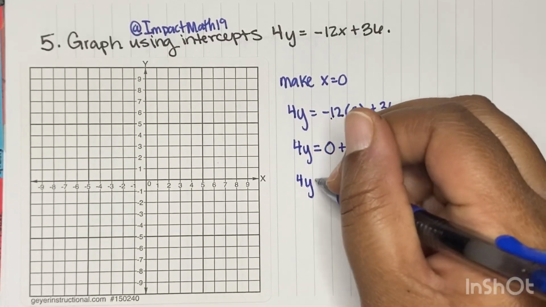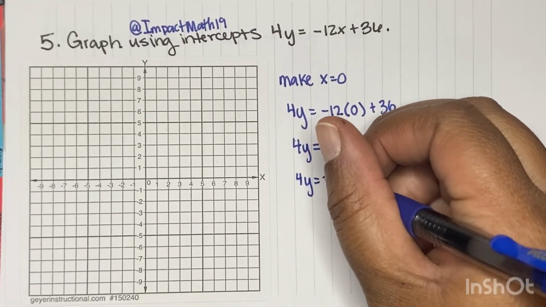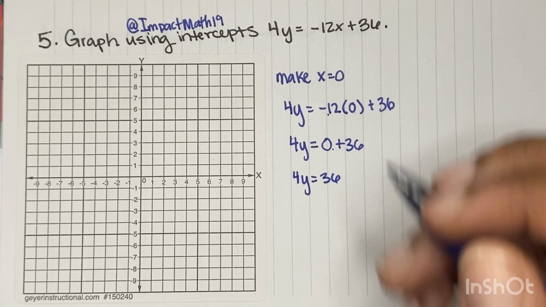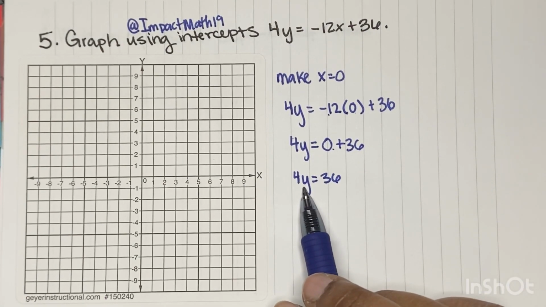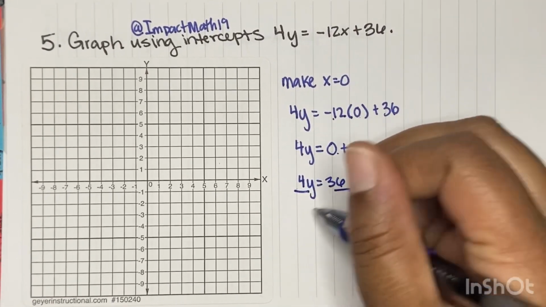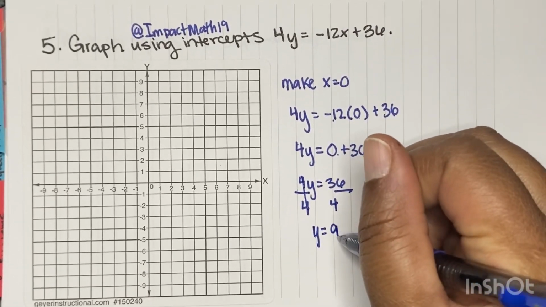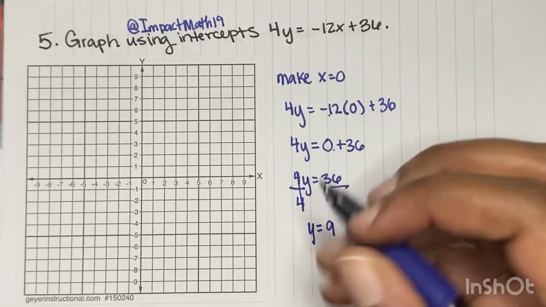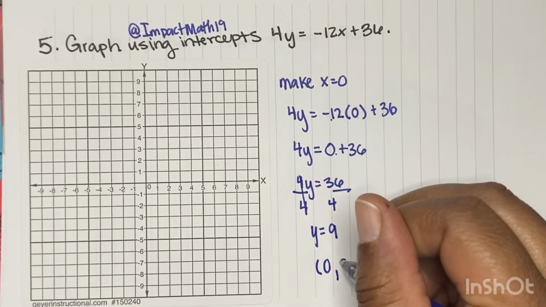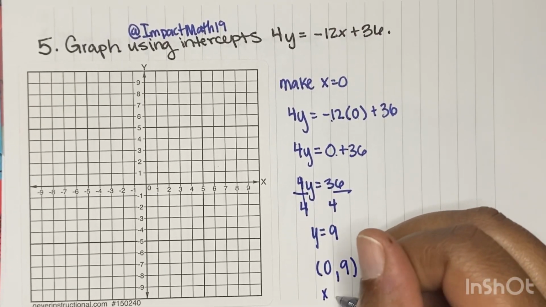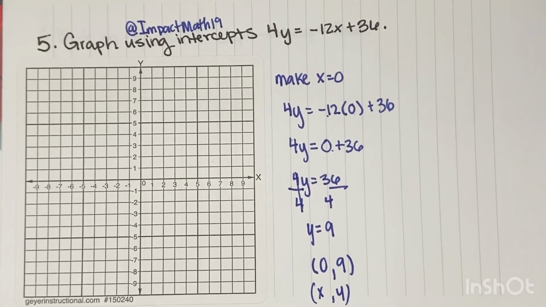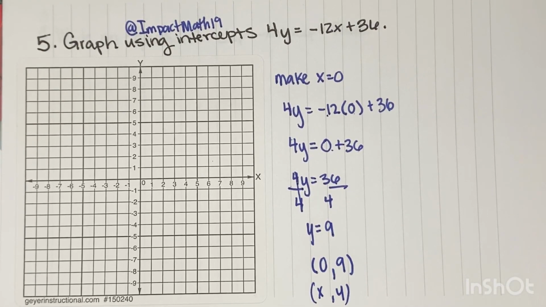Drop down your 4y, and 0 plus 36 is 36. How do we get y by itself? Divide both sides by 4, and y equals 9. So how we write this is we're going to write 0, 9. X, then y always when you're writing a point. All right, let's go to the next.